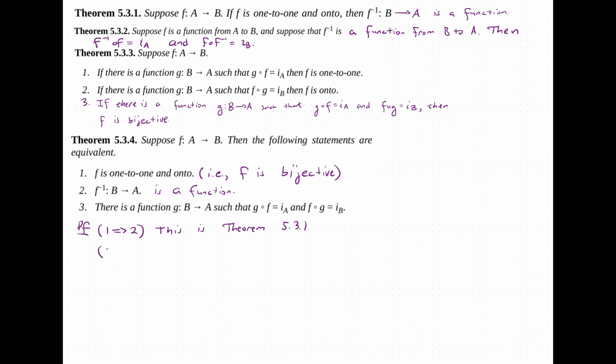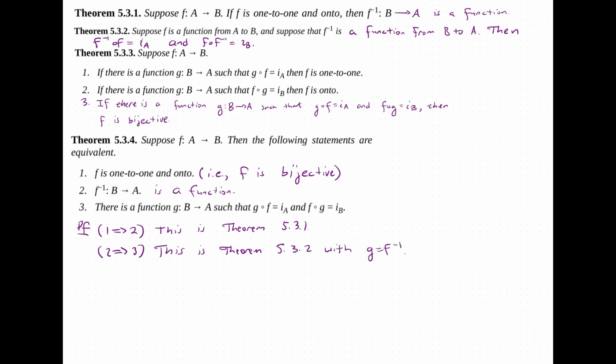For the next statement, we're going to do 2 implies 3. So now we are assuming that f inverse from B to A is a function. But if that is a function, theorem 5.3.2 tells us that f inverse compose f is equal to the identity, and f compose f inverse is equal to the identity on B. So now this is theorem 5.3.2, where g takes the place of f inverse.